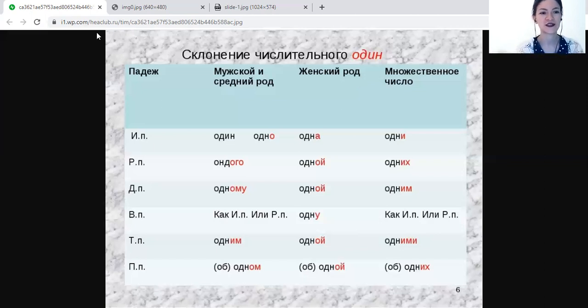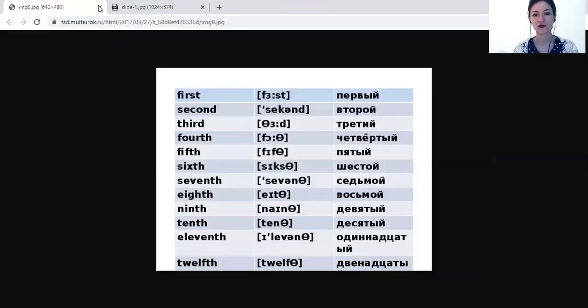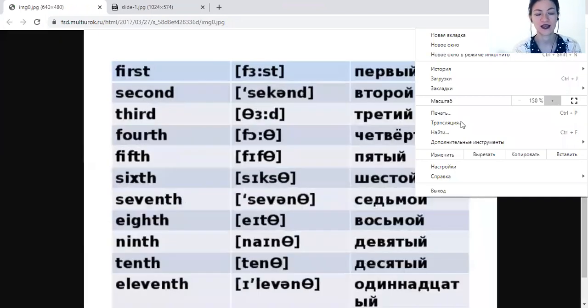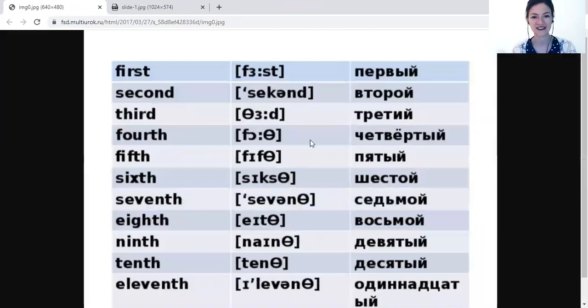And I was talking about cardinals, but also, of course, we have ordinals. I will read them. Ordinals change like adjectives. If you do not know Russian adjectives, it will be a surprise for you because we also decline these ordinals and we change them by gender.